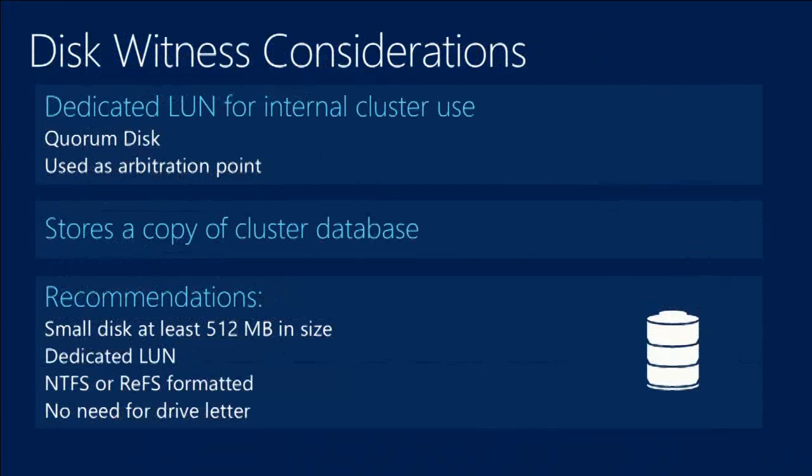One point I would mention is, let's say I have a 2-node cluster, and the nodes are not able to talk to each other, there is a connectivity break. The two nodes use this disk witness as the arbitration point. Both nodes try to reach the disk witness and use SCSI-3 persistent reservations to arbitrate ownership of the disk.